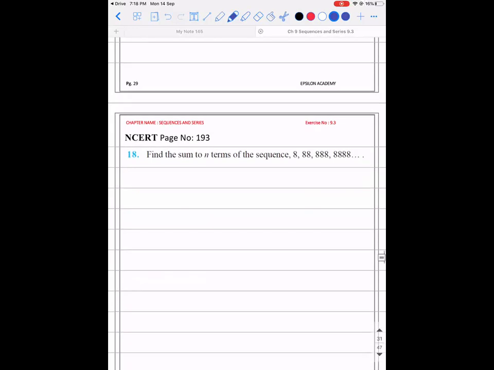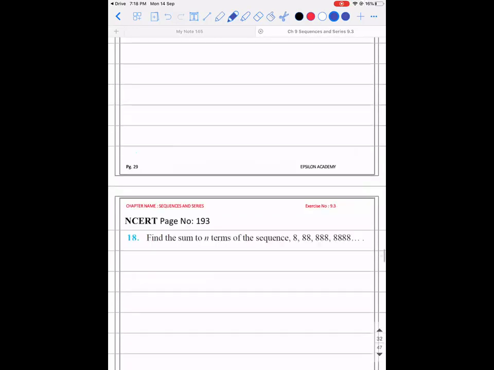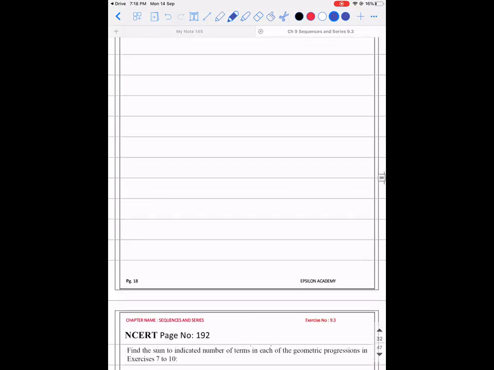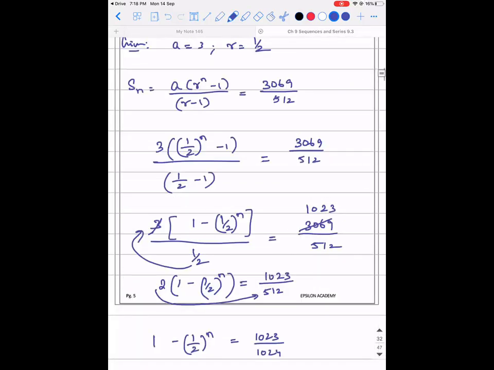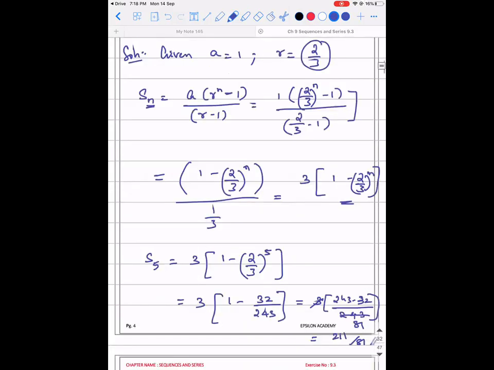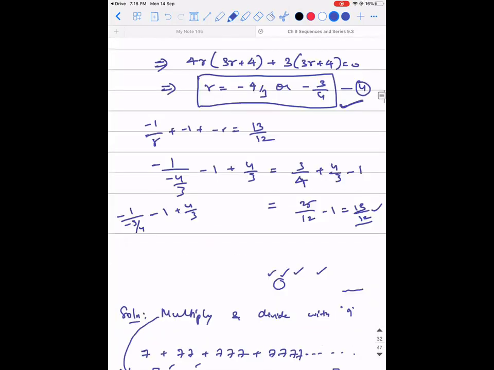This one: find the sum of n terms in the sequence. You have to follow the same steps. Problem number 18. I hope this is clear. We'll do one last problem and we can wind up.